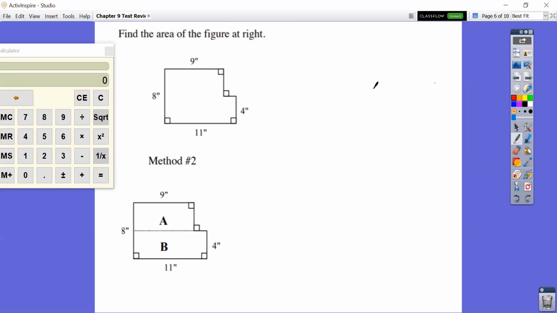Second way, for the figure, exactly the same thing. This time, I split my polygon into 2 rectangles as well. The one on the top, I call it the top. Second way to get the answer done, a different way. What do I have? I have the length is 9.